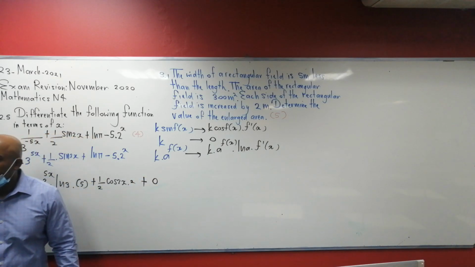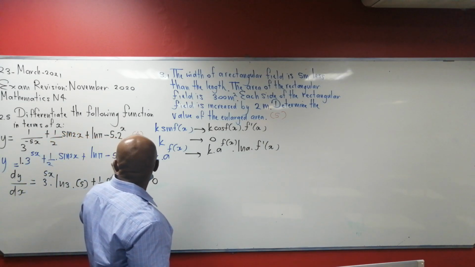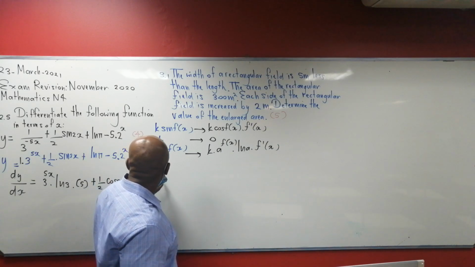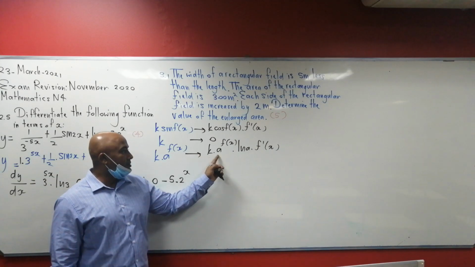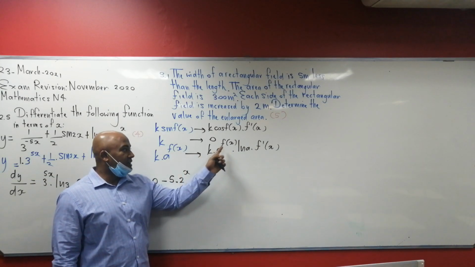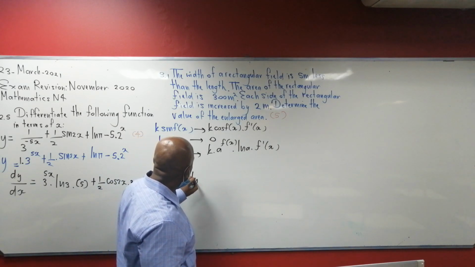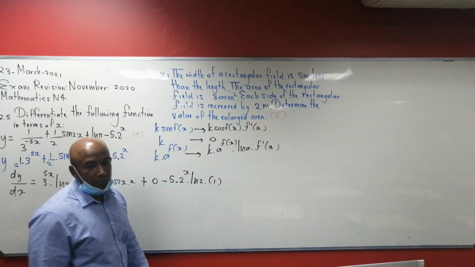You must write down 0. Do not leave a blank space. And term 4 is similar to term 1. That's going to be minus 5 times 2 to the power x. That's k times a to the power f of x, times ln of the base, which is 2, times the derivative of x, which is 1.